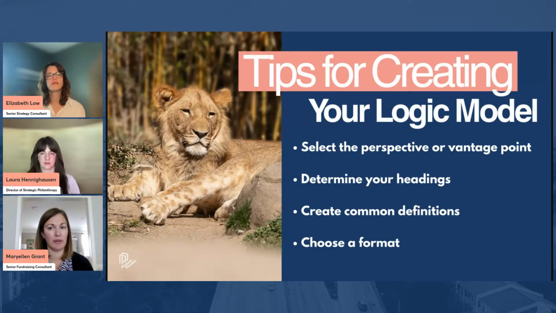And I find that there's 3 main perspectives or vantage points for a logic model. The first one being at the organization level. This would be a systems level perspective, or think outer space. When you get too detailed in an organization logic model, it becomes complicated for the reader to follow and really can muddle your story.